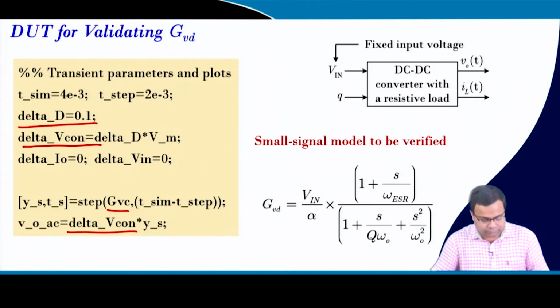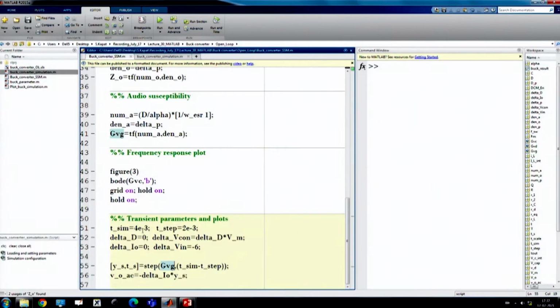So, we first want to see GVC, because we want to apply a step transient to the duty ratio, 0.1, and similarly we have to take delta V con, since we are taking GVC, and this is our delta V con, we have to multiply, and just run the simulation.